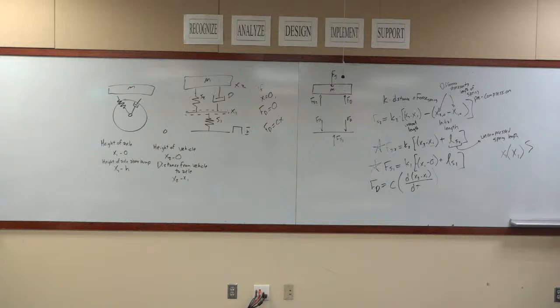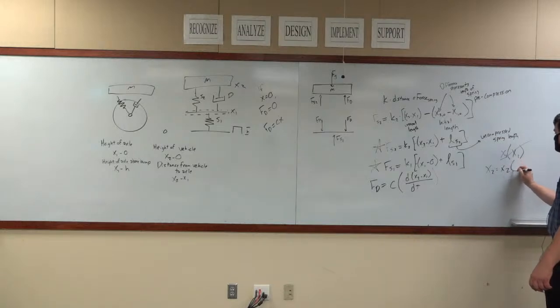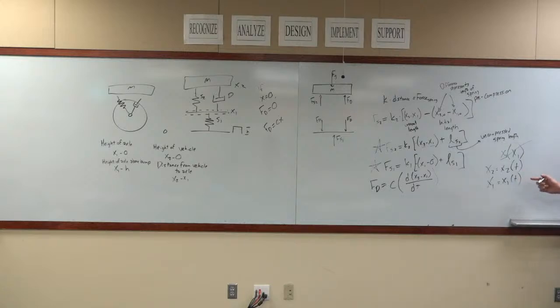It's actually a function of time. You can't derive x2 in terms of x1. So this is not true, which means x2 is equal to x2 of t. It's a time derivative function. x1 is equal to x1 of t. You can correlate them with time, but it itself is not actually a function of the axle.